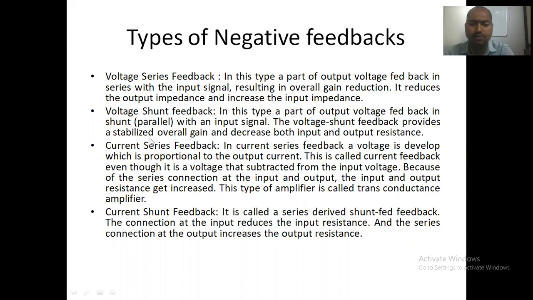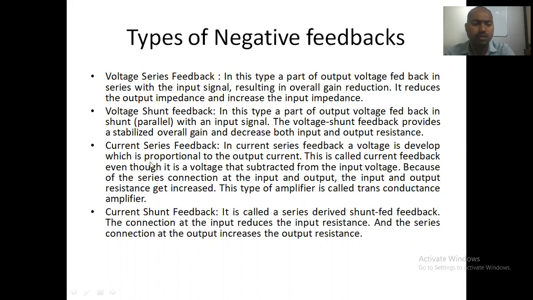So in this case, the voltage feedback provides a stabilized gain. Even if natural things change, like temperature, that should not impact the voltage type of feedback. Why does it not change? Because voltage feedback stabilizes the overall gain, it doesn't change the gain. That's why it is used, and it decreases both input and output resistance, that is, the impedance. When we use the voltage type of feedback, it reduces both the input as well as the output resistance or impedance.